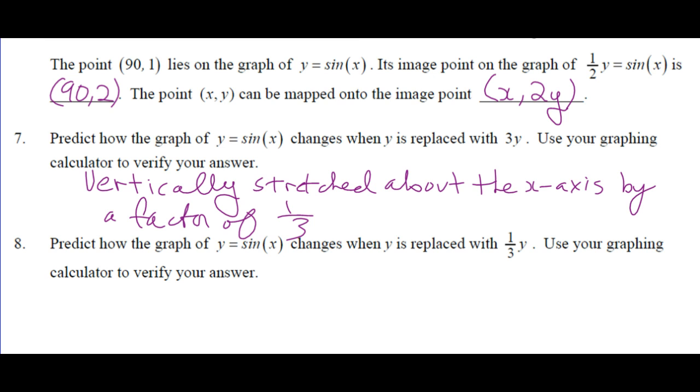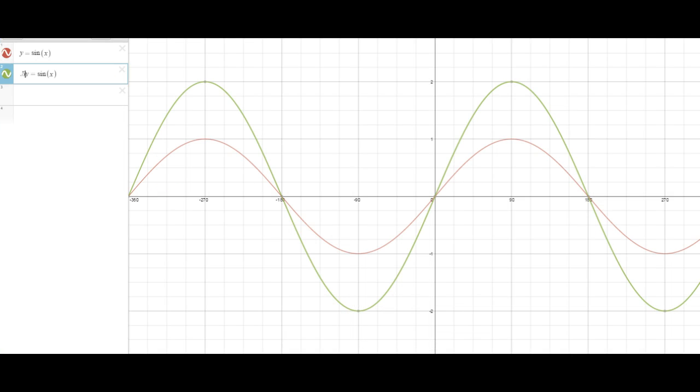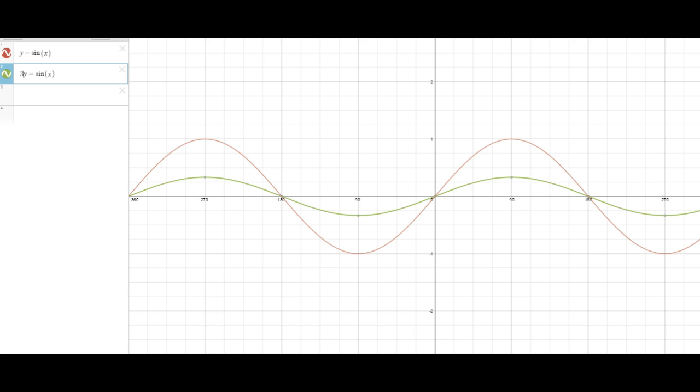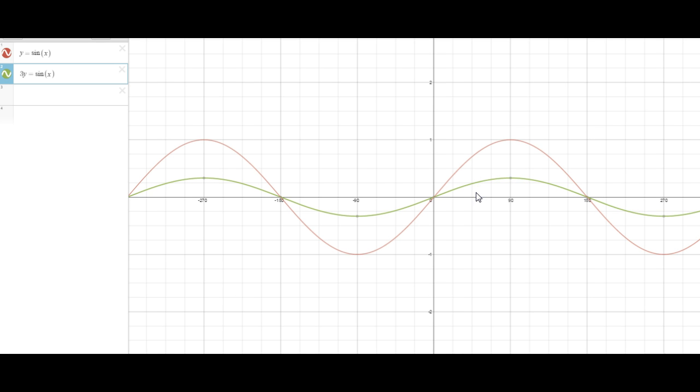So what were we doing? 3y. Get rid of the 0.5 and put in 3. And do we get that? Probably. How high should this point be? 0.3. Let's check it out. Give me the point. 90, 0.333. Cool, huh? Beats the heck out of the graphing calculator. But that's what you can use on the exam, so that's what you have to know how to use.